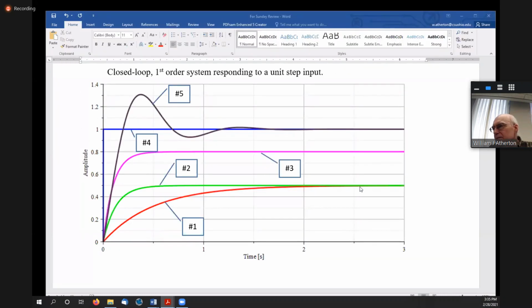So it looks like the final value of this red curve is 0.5. So half of 0.632 is 0.32.